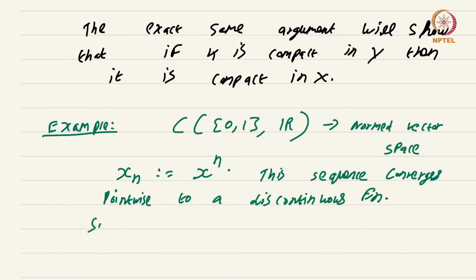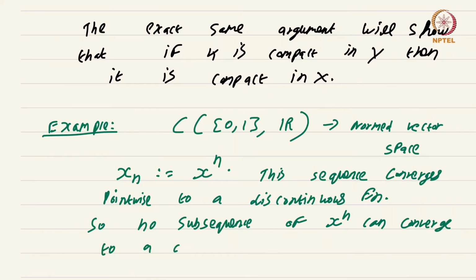So no subsequence of x̄_n can converge to a continuous function in C([0,1], R).